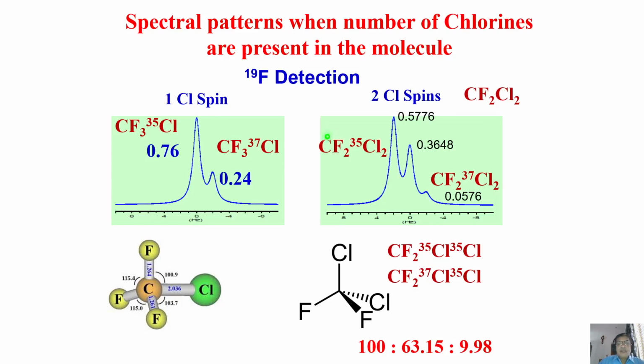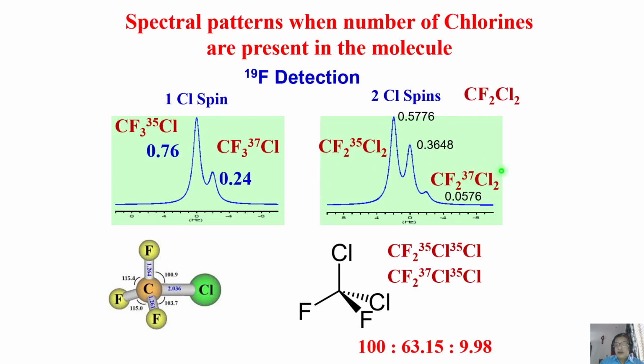The same way, if I give you a molecule CF2Cl2, and for chlorine I tell you 76 and 24% for the different isotopes of chlorine, calculate all the intensities of the isotope peaks and the number of peaks that are possible. You can work it out. Take the possibilities in CF2Cl2: first, all are 35.